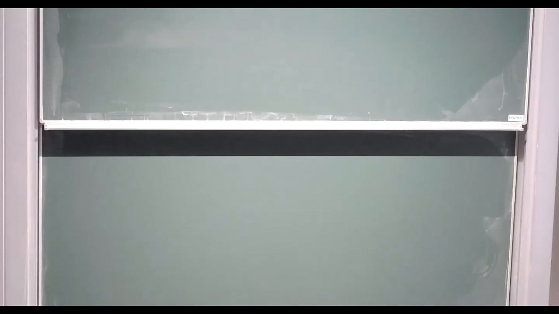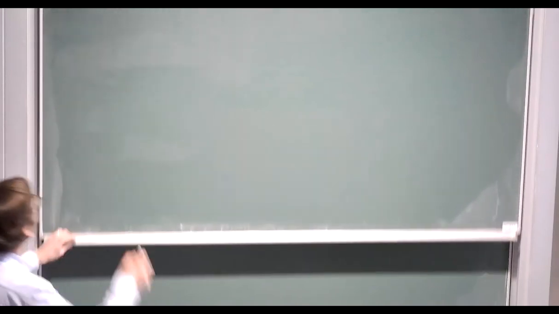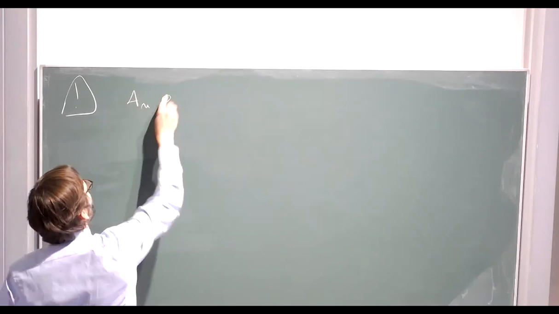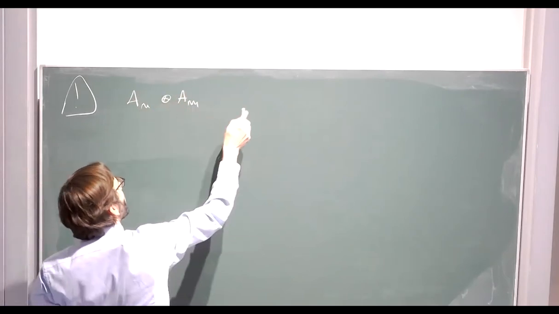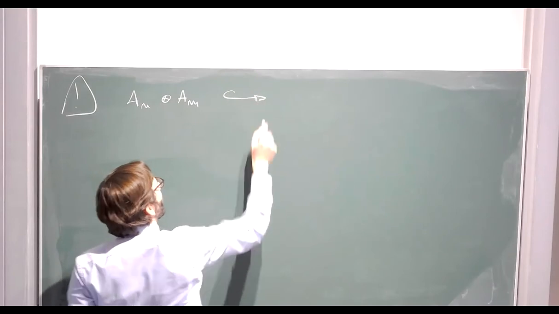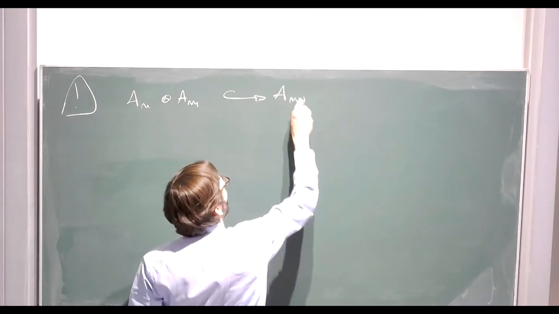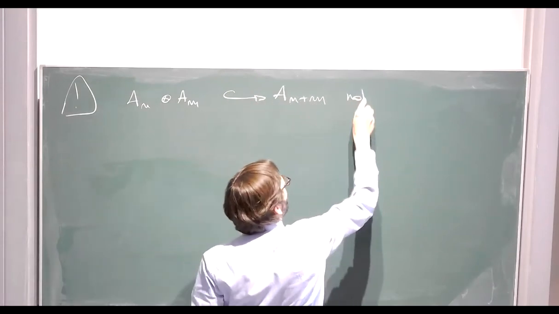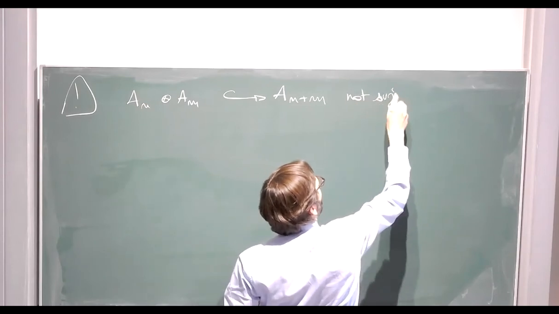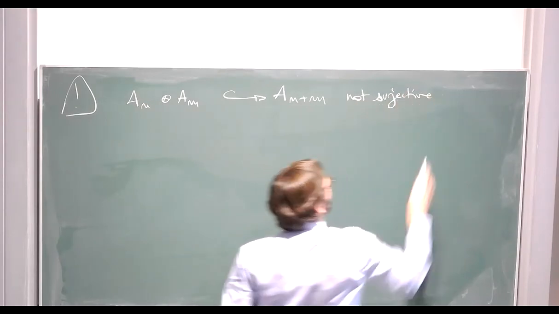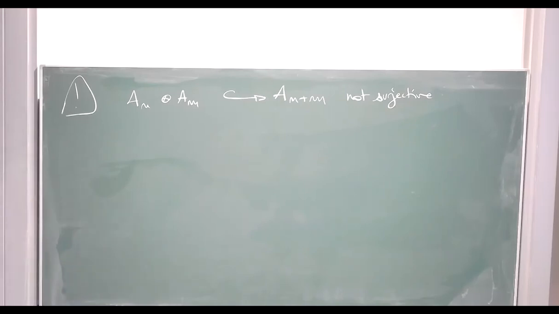Here's what you should be careful about. A^N tensor A^M, so you can send it there in A^{N+M}, but it's not surjective in general. Right? So all you have when you tensor two objects is an inclusion into the image of the tensor product, right?